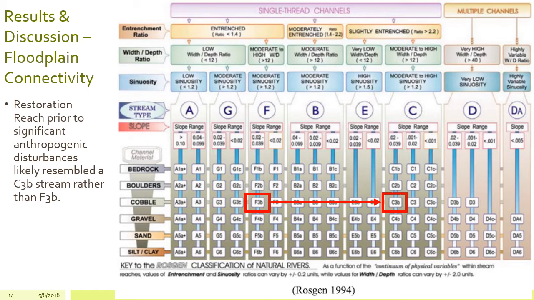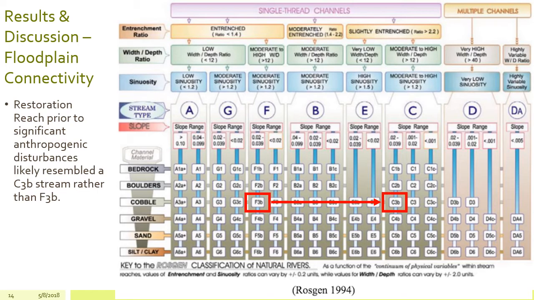However, after reviewing literature, there seems to be a consensus that prior to anthropogenic disturbances, Restoration Reach likely resembled a C3B Rosgen stream. And the biggest difference here is the entrenchment ratio. Currently, we're at a 1.3, which puts us in the F3B category along with all the other parameters.